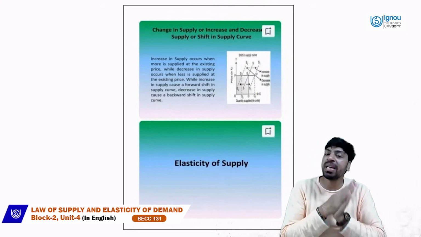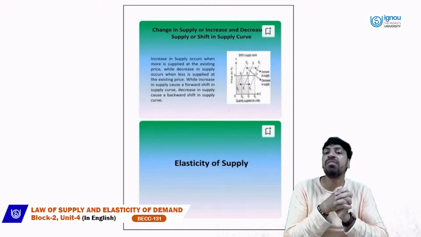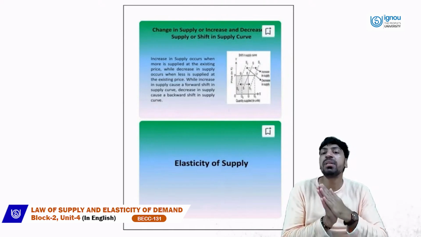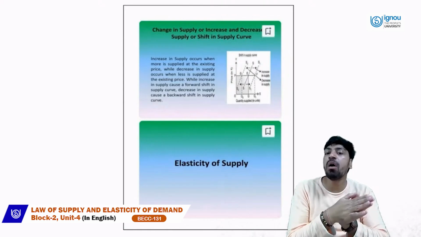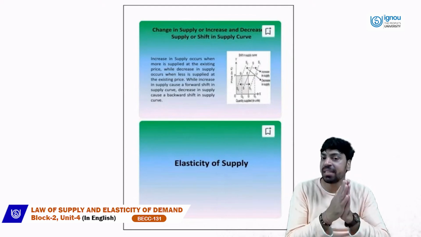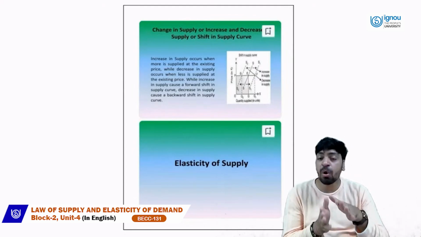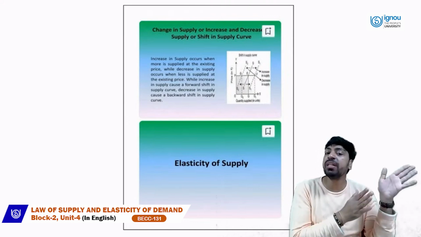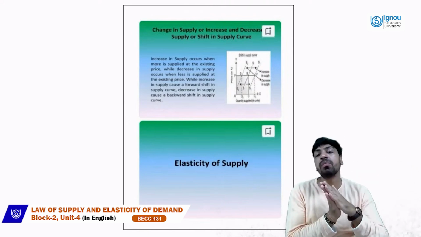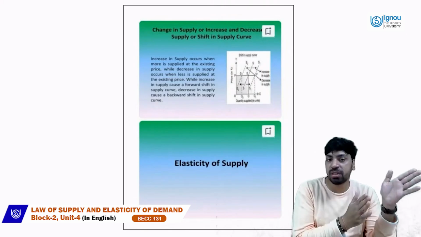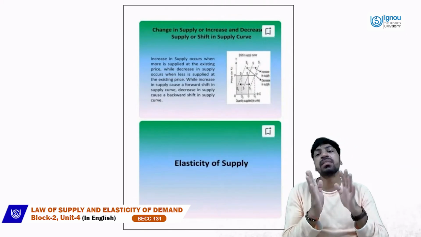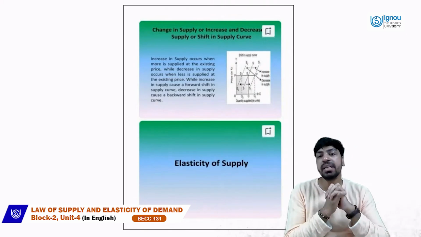If there is a decrease in the quantity supplied of a commodity, it shows there is a leftward shift of the supply curve. It states that there is a decrease in supply. Or if you talk about the leftward shift, we can also say, in other words, the backward shift, right? So that's called the decrease in supply.